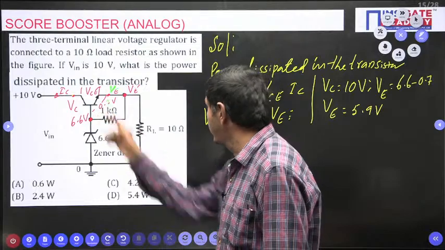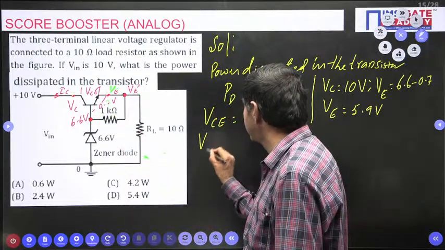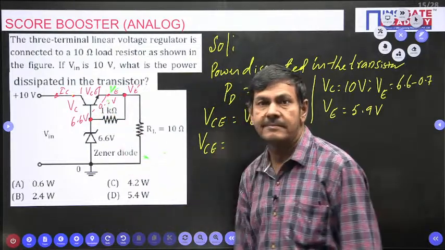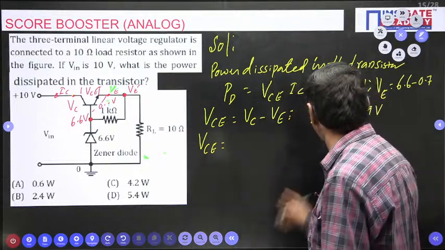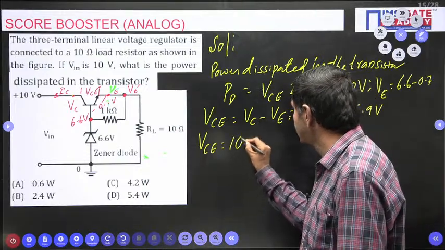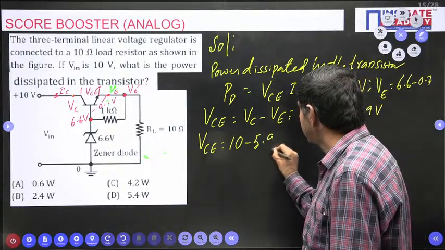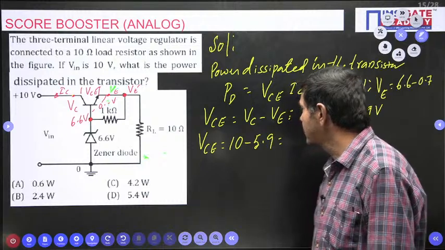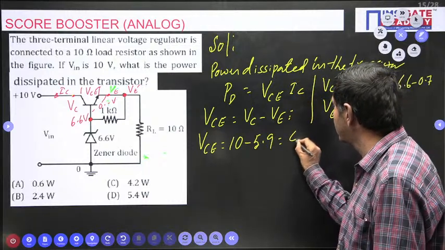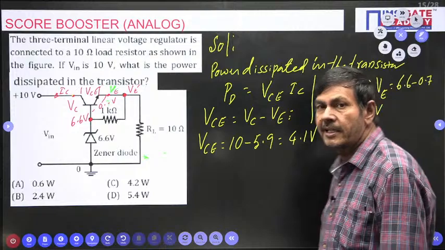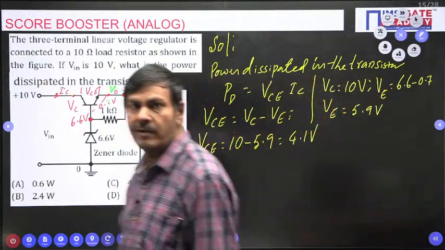Then I can determine VCE. VC is 10 volts and VE is 5.9. The difference of these voltages is 4.1 volts. Yes, we are getting VCE as 4.1 volts.